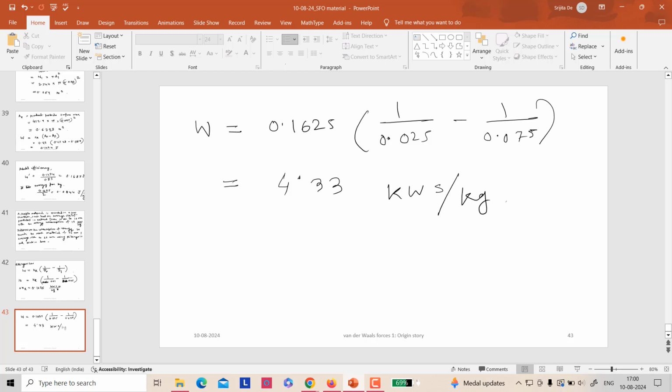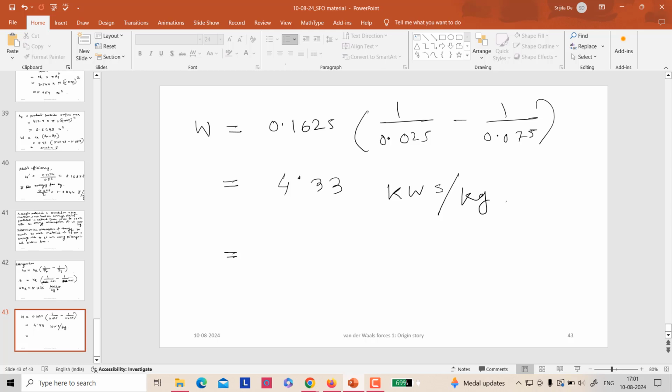Okay, and it can be converted into, so now you have to change it in ton and hour.